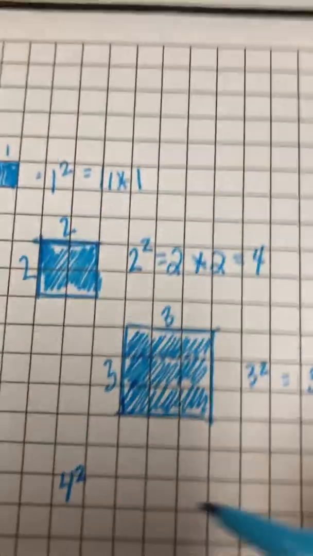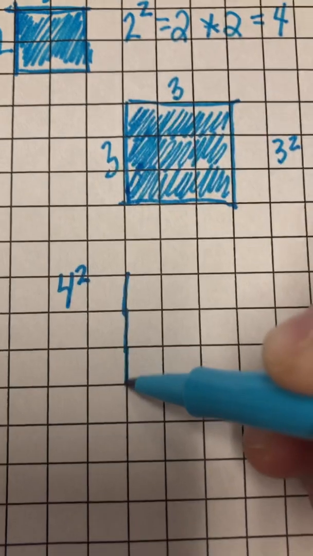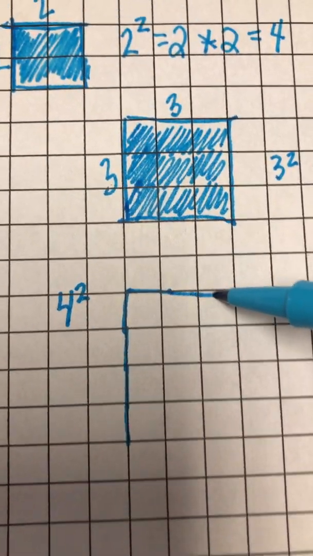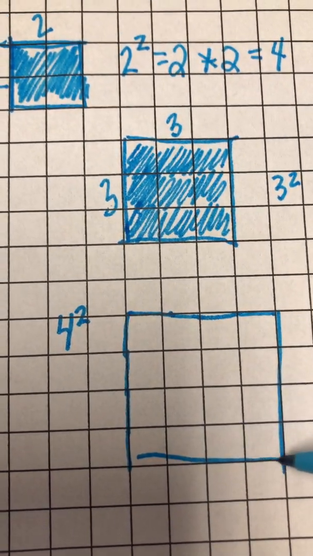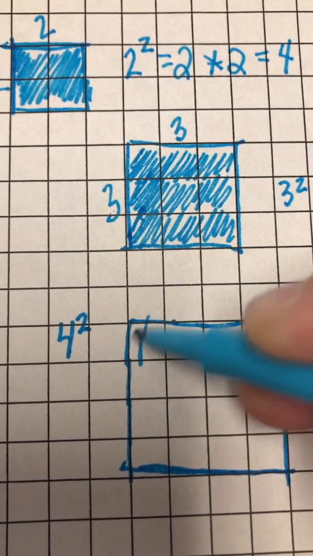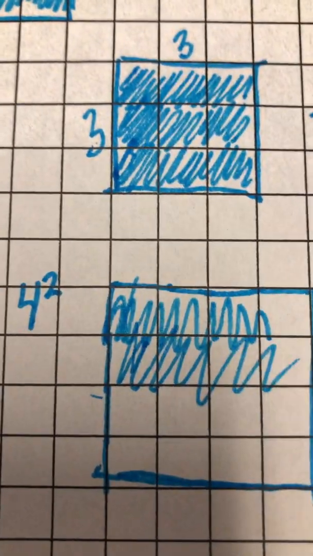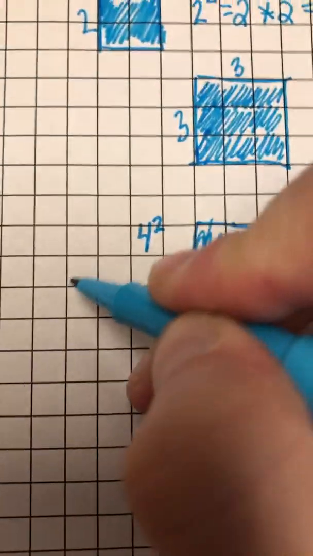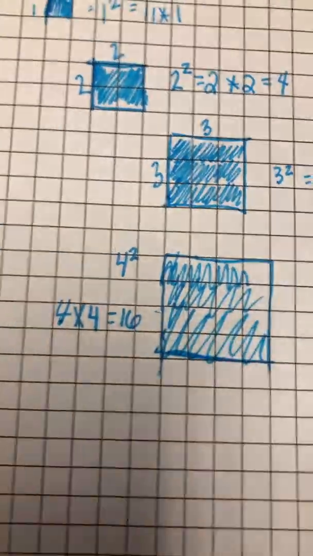So we could do 4 squared. So I could draw it out on paper. 1, 2, 3, 4 times 1, 2, 3, 4. Fill it in and color it in. Or I could just do 4 times 4 equals 16.